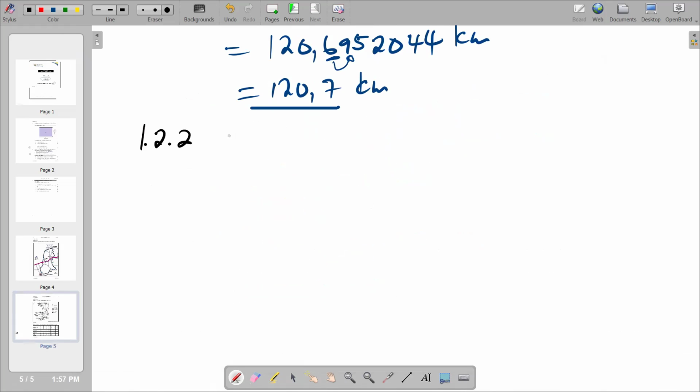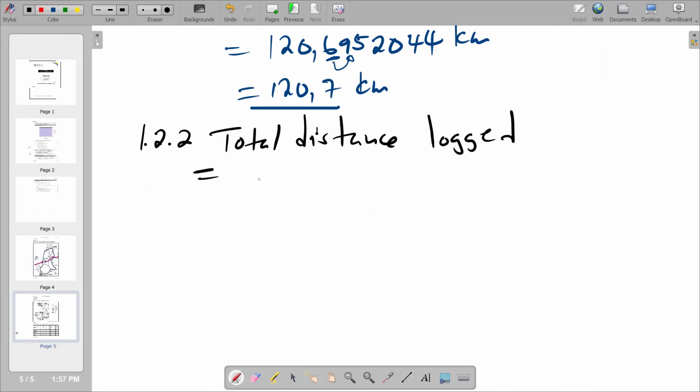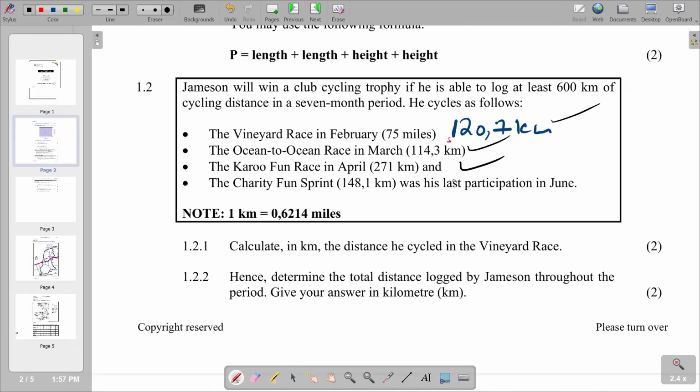Which is now total distance logged, which is equal to 120.7 kilometers, as indicated here. Then we add 114.3 kilometers. We add 271 kilometers.